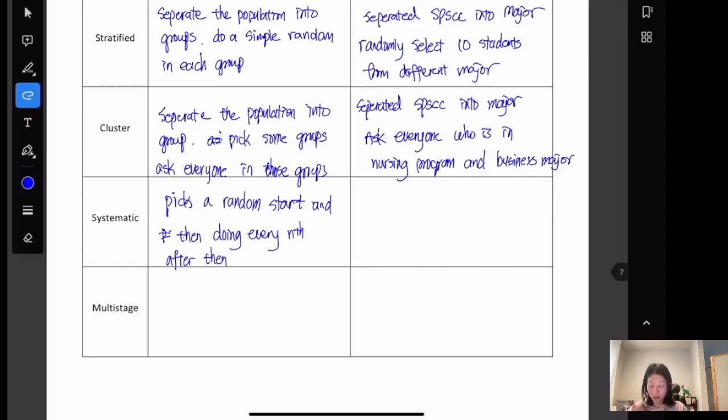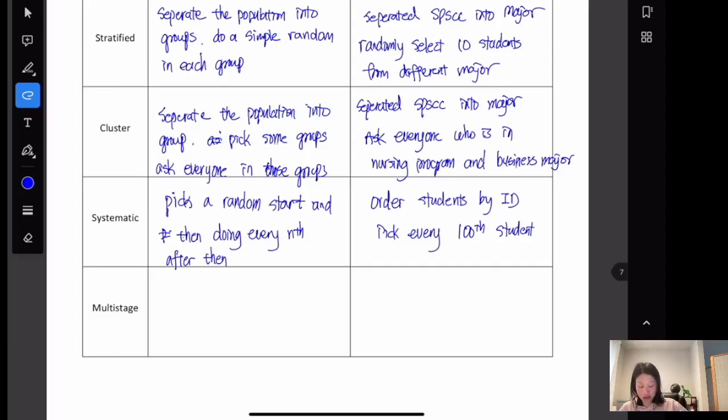Such as we start with students by ID, we sort students by the ID number. Then we're going to pick every 100th student. So that means we're going to pick the 100th, 200th, 300th, 500th student.